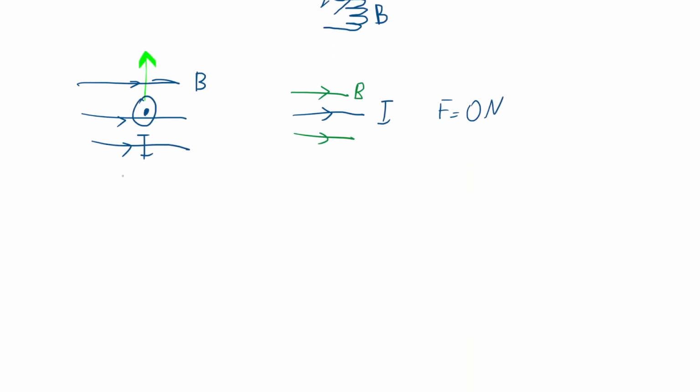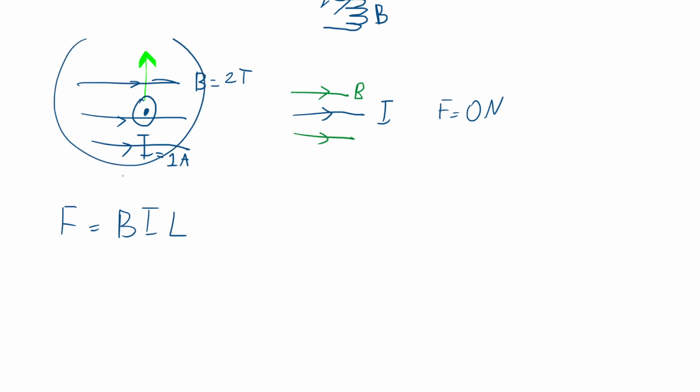So maybe just an example with numbers. So let's look at this example again. If the field strength was 2 Tesla, that's a very strong magnetic field strength. And if the current was 1 amp, and now this length, it's not the total length of wire, because the wire could run on for ages, right? It is the length of wire carrying current inside the magnetic field.